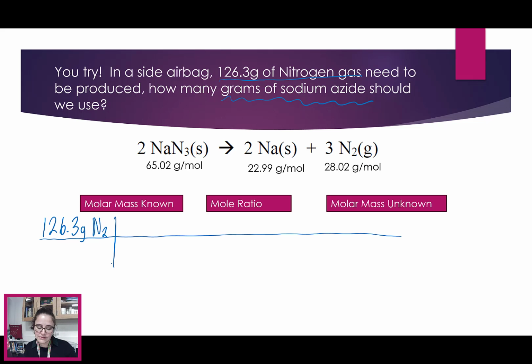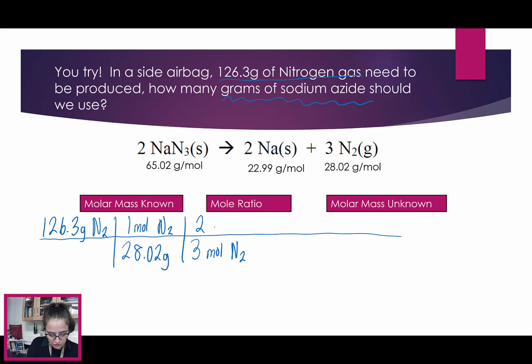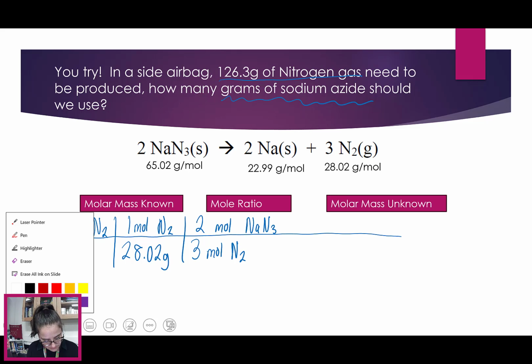We'll convert it to moles using the molar mass of our known. That 28.02 grams of nitrogen gas is 1 mole. And then we know we get 3 moles of nitrogen gas from 2 moles of sodium azide. Okay, so just a quick unit check, just so you guys can see where we're at.